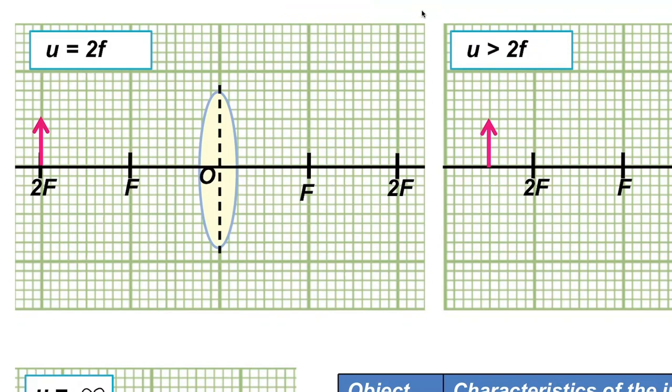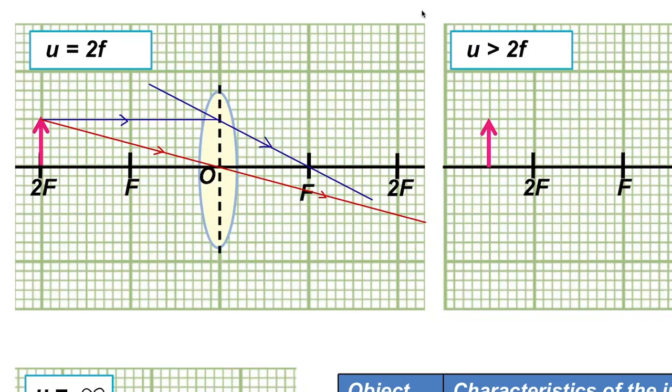We will be using the second rule from the top of the object, and then it will be refracted to F. Then the second one, we will be using the first rule from the top of the object and then straight to the optical center.